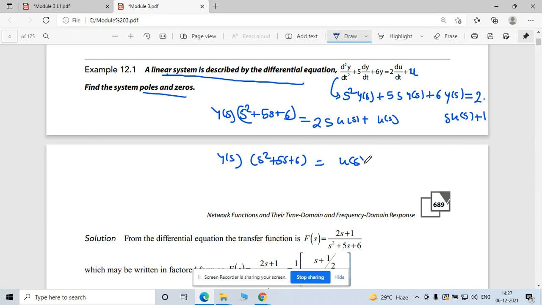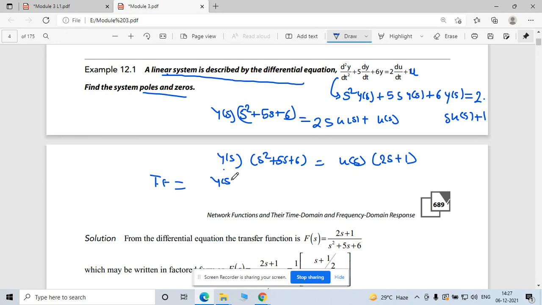This is nothing but your u of s, and this becomes 2s plus 1. So this is your output and this is your input, right? Y of s is your output. Now see here, take the ratio of this output and input for finding the transfer function.